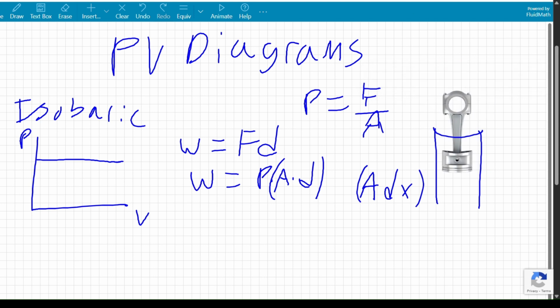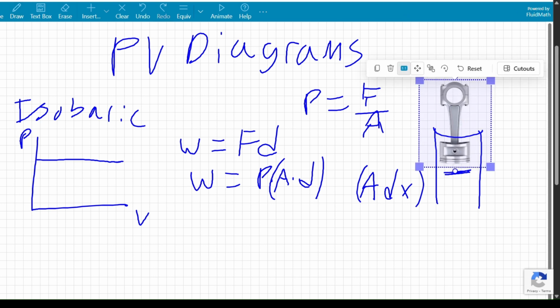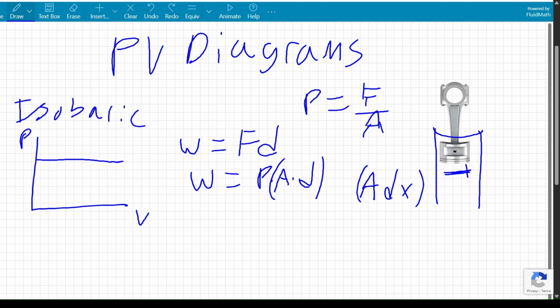So if we imagine the area multiplied by a change in the distance, we're basically saying the area of this piston, the face of this piston right here, multiplied by the distance that the piston moves. So this will be dx.